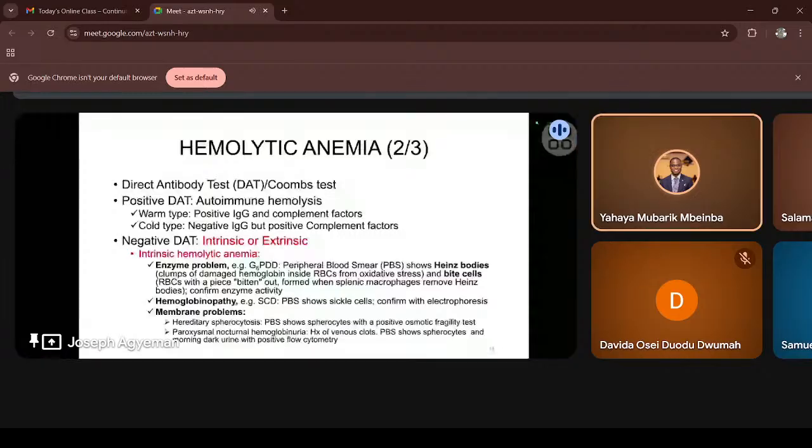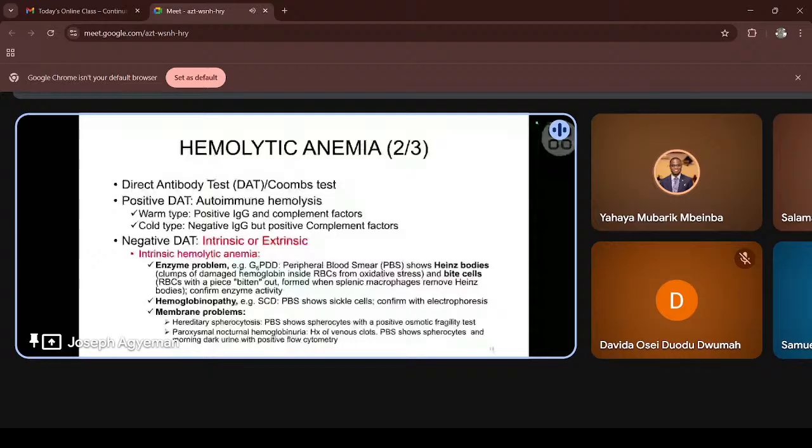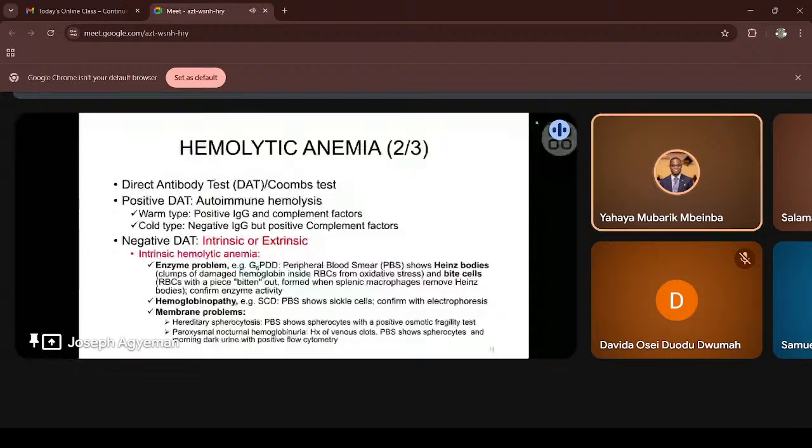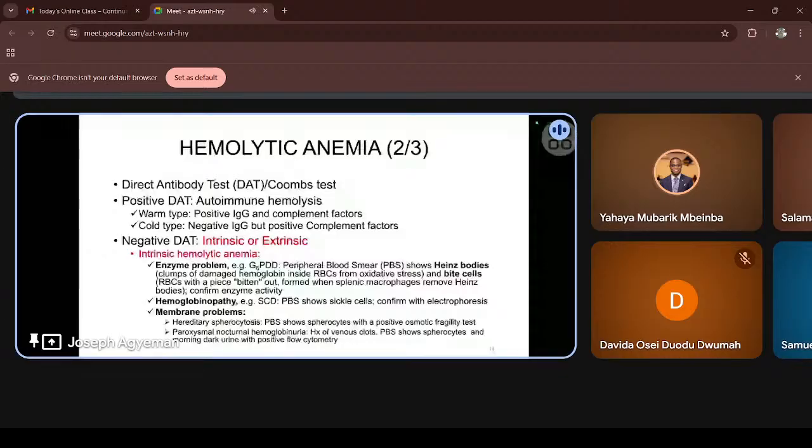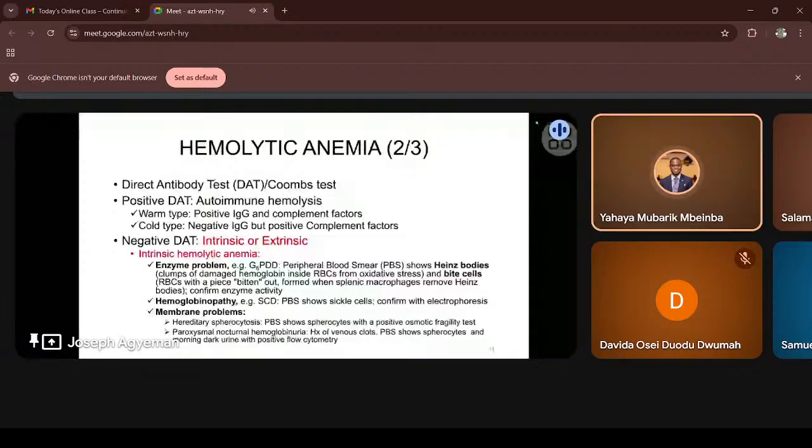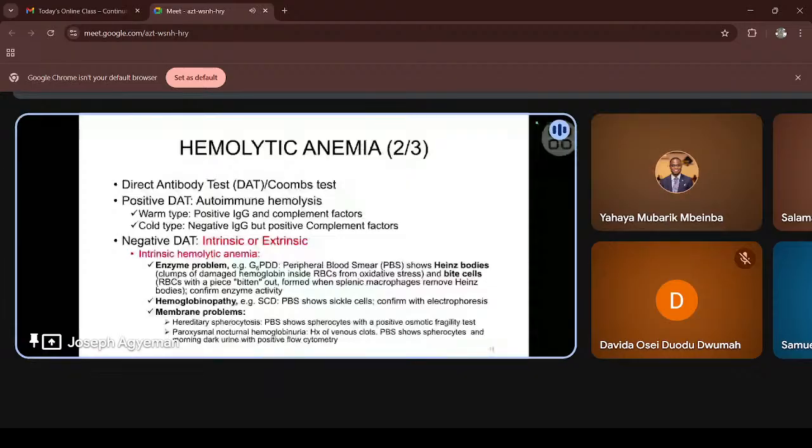So with hereditary spherocytosis, hemolysis can occur. It's a problem with the membrane of the red blood cell, the shape, instead of it coming as biconcave. Then we can also have a second aspect of the membrane problems, paroxysmal nocturnal hemoglobinuria.